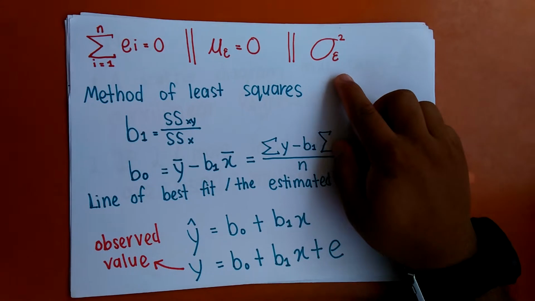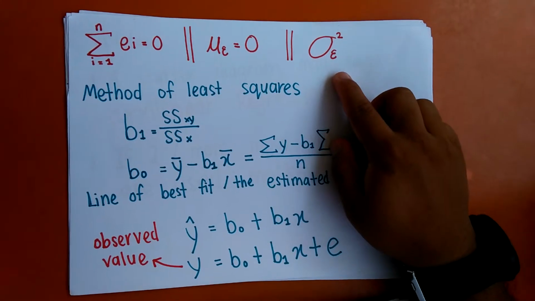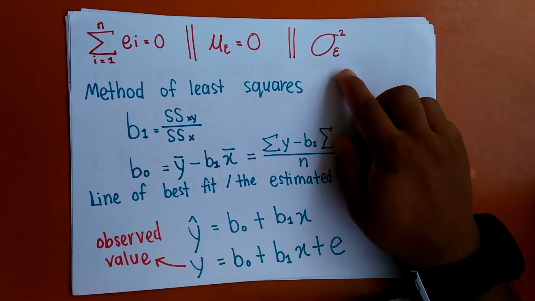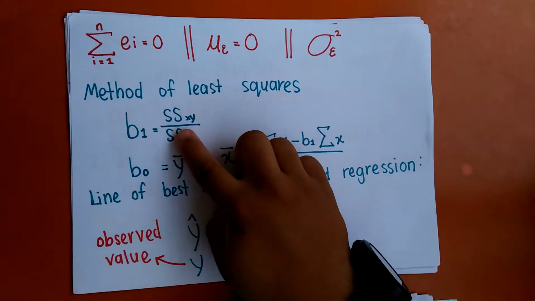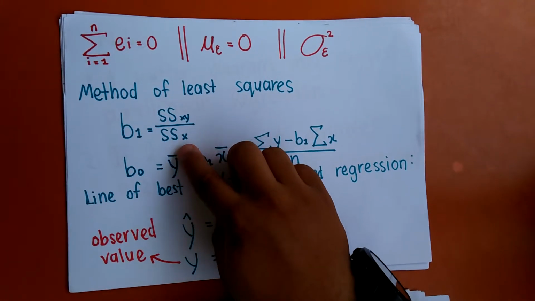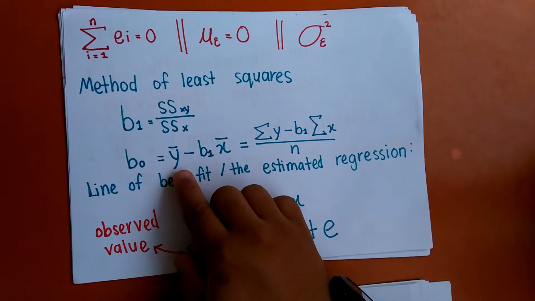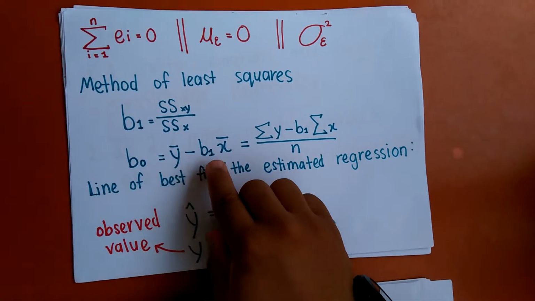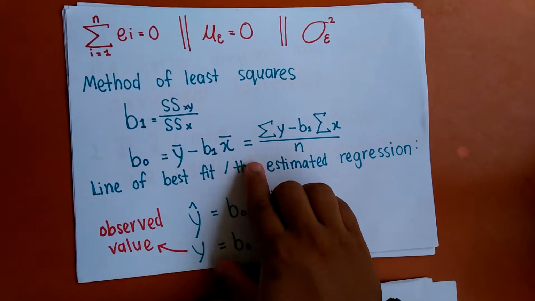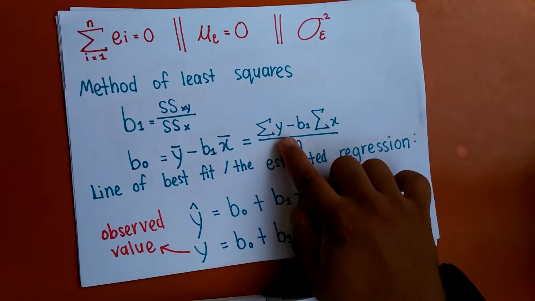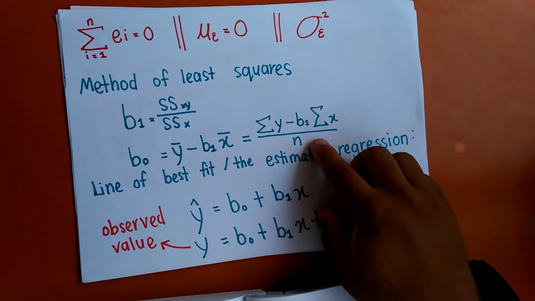So, we estimate the regression model using sample data. By the method of least squares, we obtain the estimates of b1 and b0. So, to get the b1 value, we will use SSXY divided by SSX, while b0 is equal to the mean of y minus b1 multiplied by the mean of x, which is also equal to summation of y minus b1 multiplied by summation of x, divided by n.